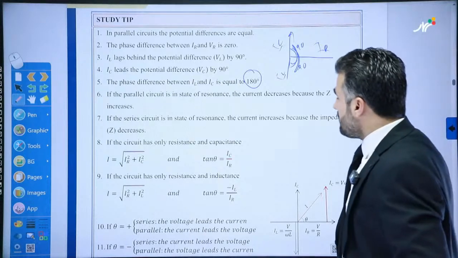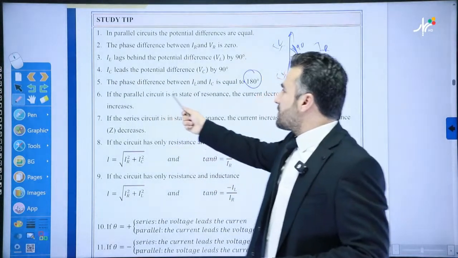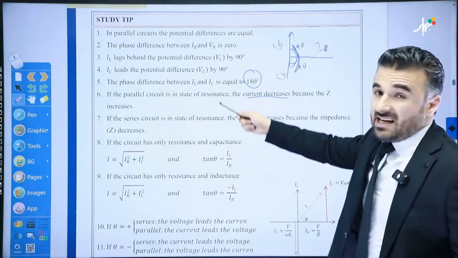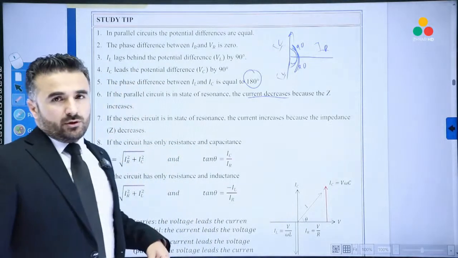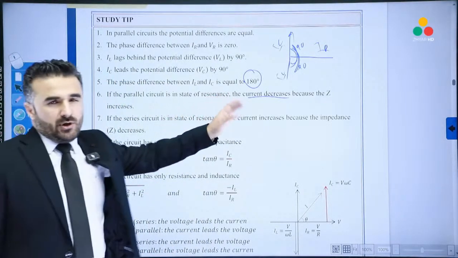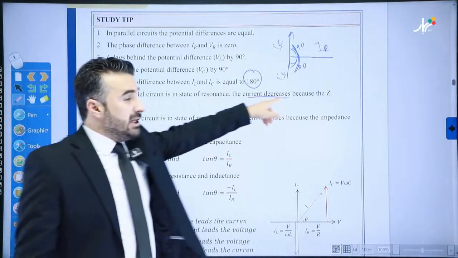Okay, and then what else do we have? It says if a parallel circuit is in a state of resonance, of course the current decreases because Z increases, like we've said before. If omega C is equal to 1 over omega L, then of course that part in the equation will be 0, then the circuit will be in a state of resonance, then the current decreases. Why?